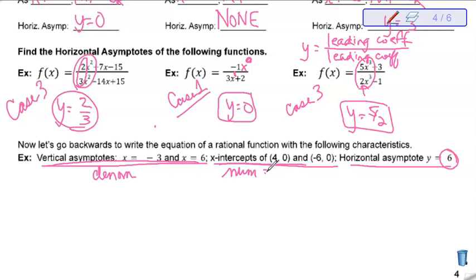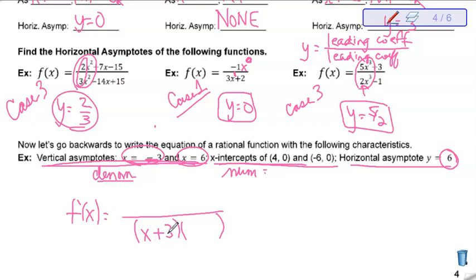So we're going to create a rational function so that in the denominator I need factors that give me zeros of -3 and 6. So what had to be in those parentheses that gave an answer of -3? Well, if I throw -3 in, what do I have to do to that to get 0? I have to add 3.